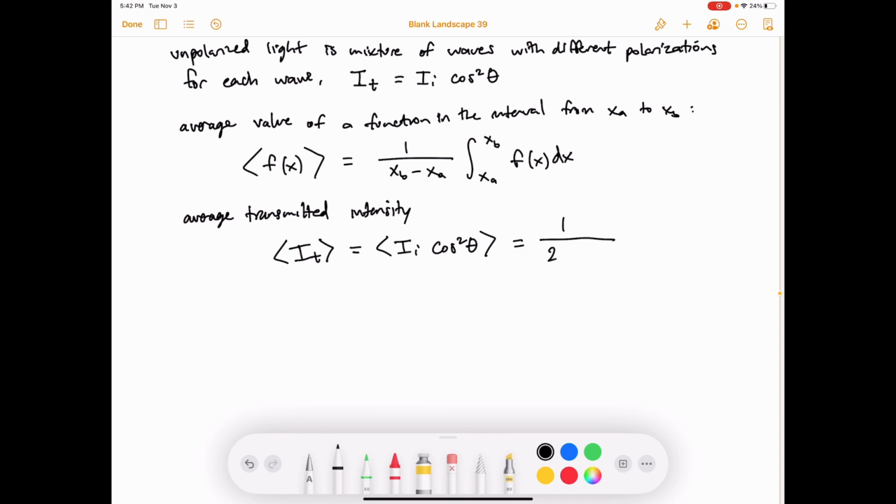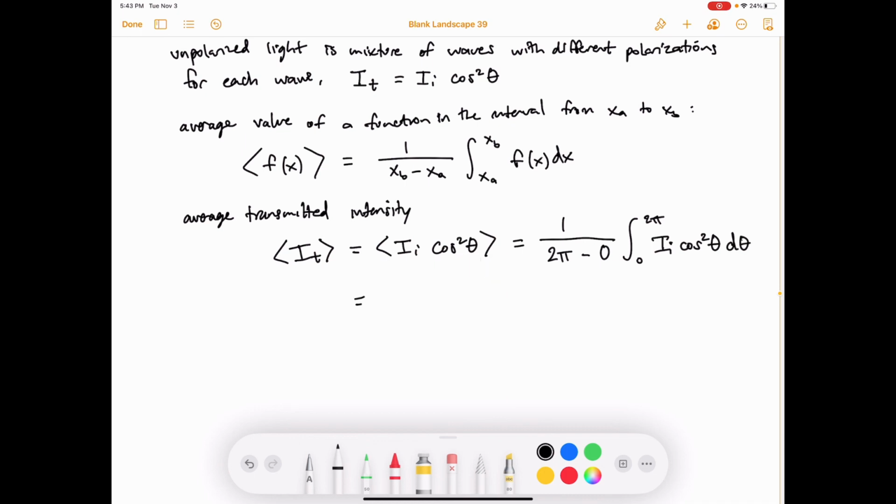Well, 2 pi at the top limit and 0 at the bottom limit. So I'm going to have 1 over (2 pi minus 0). And then I'll be integrating from 0 to 2 pi of I_I cosine squared theta d theta.